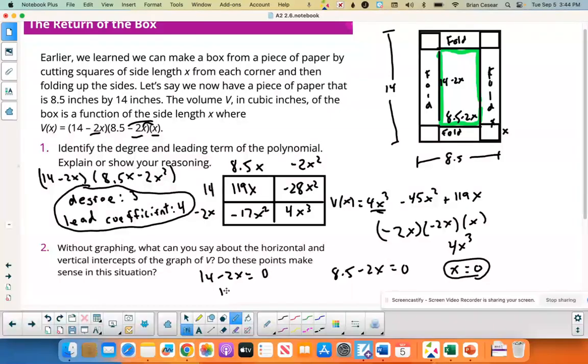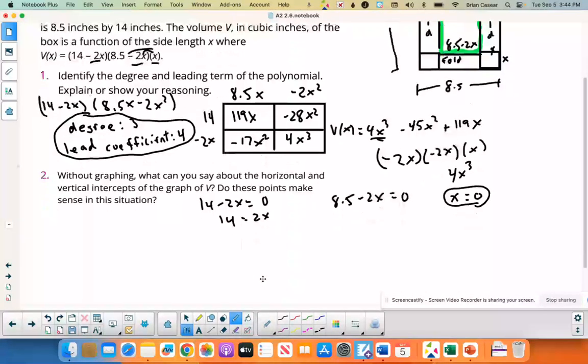This one, I move the 2x over. Divide each side by 2. Same thing here. Add 2x to both sides. Divide by 2. 4.25.